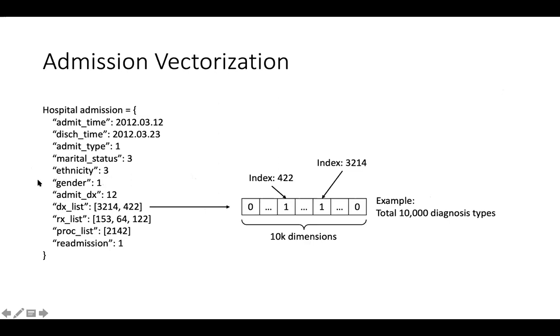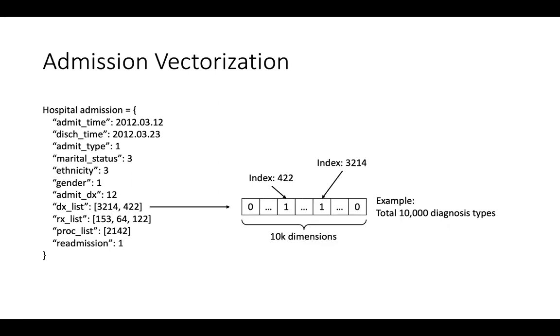The rest are a bit straightforward. So let's assume that there are totally 10,000 unique diagnosis types, because there are actually a lot of diagnosis codes in the ICD-9 system. So you need to prepare a 10,000-dimensional 0 vector.